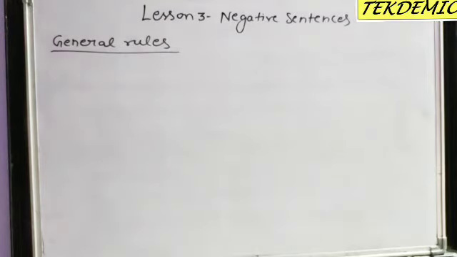Children, sometimes we use negative words like no, never, none, nobody, nothing, neither, nor, etc. to make negative sentences.